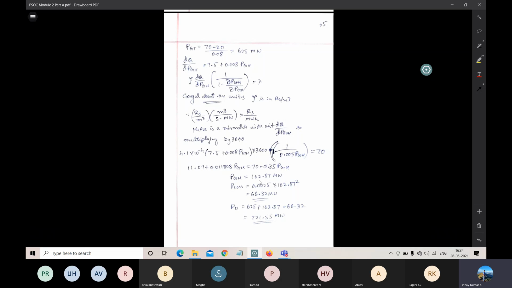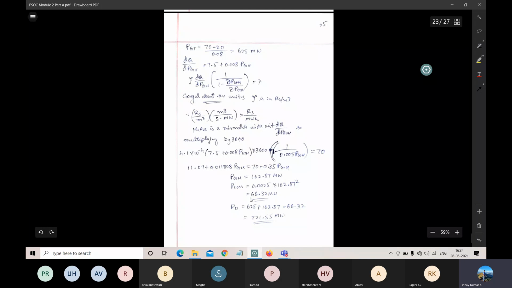Look here, PGT plus PGH: 625 plus 162, how much? 787.87. Now add losses plus load: 62 plus 8, 7.